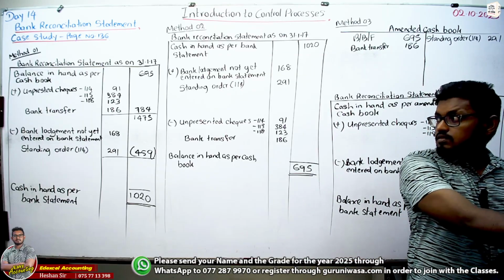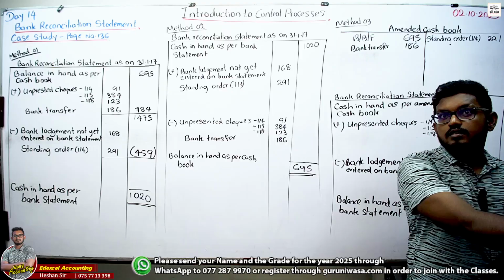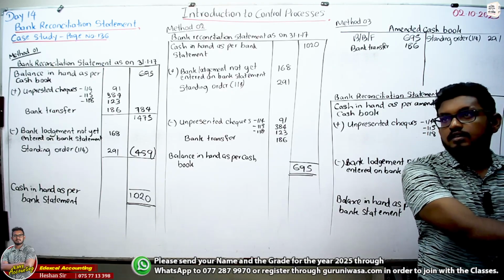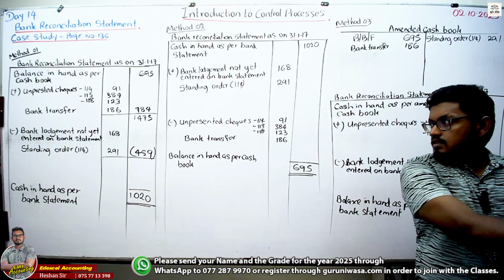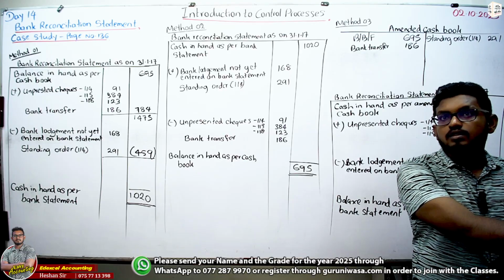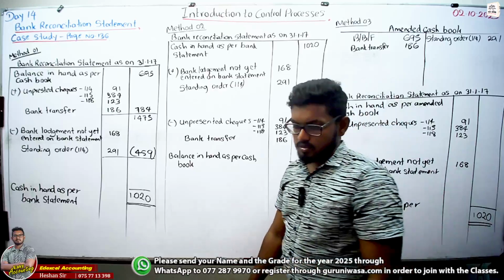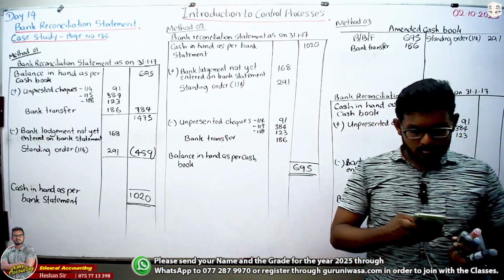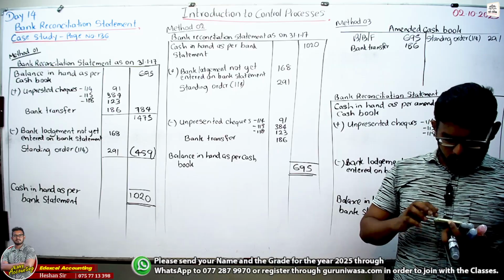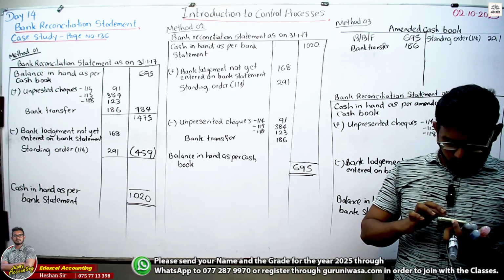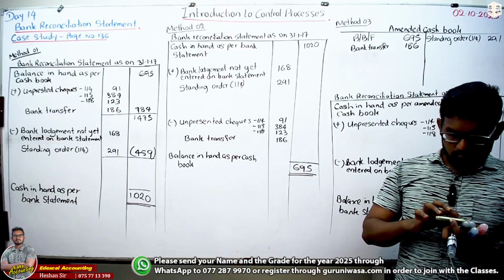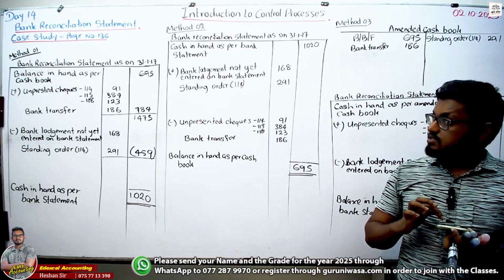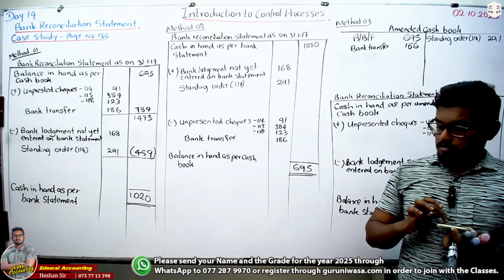Something here, bank transfer. Then in the... no, there should be a mistake. Just check the answers again. Our final answer would be 1020. 91 plus 384 plus 123 plus 186.